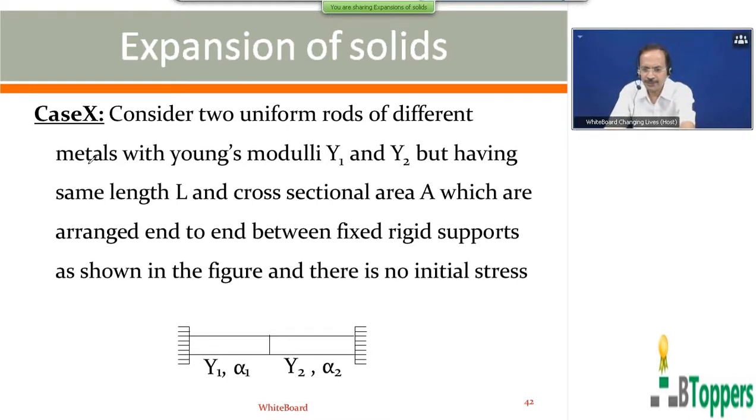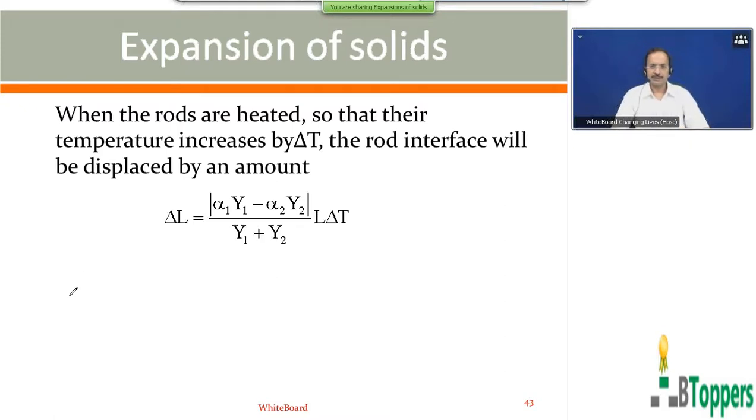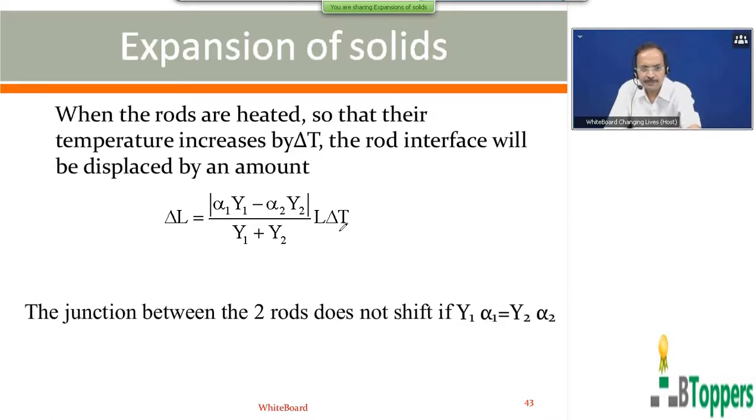So I am going to show the continuation to this. Next slide. When the rods are heated so that their temperature increases by delta T, the rod interface will be displaced by an amount delta L equal to modulus of alpha1 Y1 minus alpha2 Y2 divided by Y1 plus Y2, whole multiplied by L into delta T. The junction between the two rods does not shift if Y1 alpha1 equals Y2 alpha2.